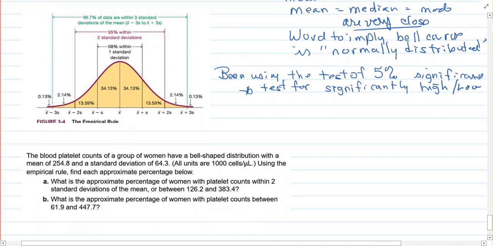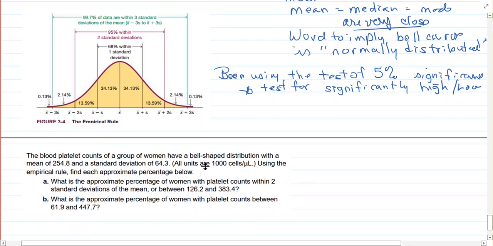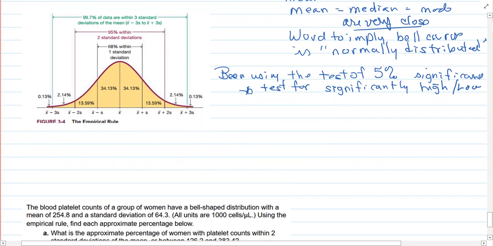And that means that the data is normally distributed and has certain parts to it. So, what are the parts?